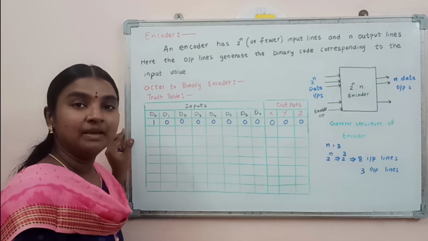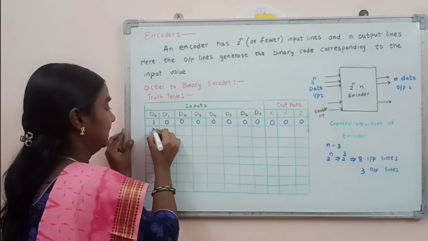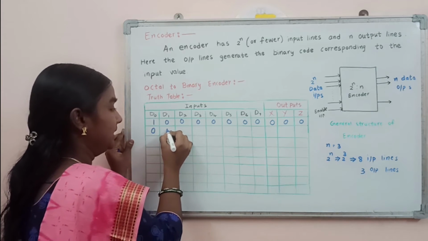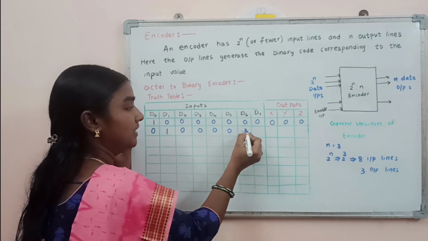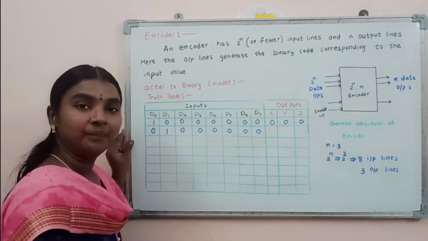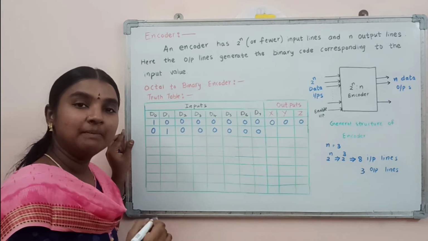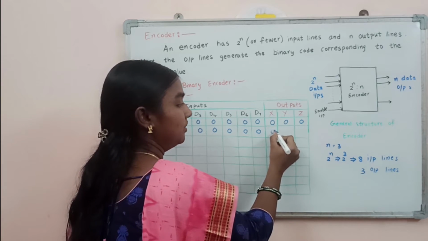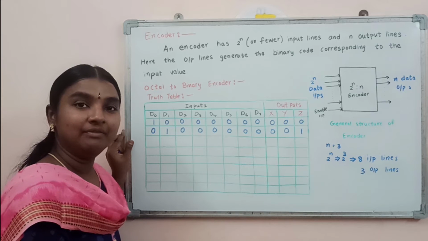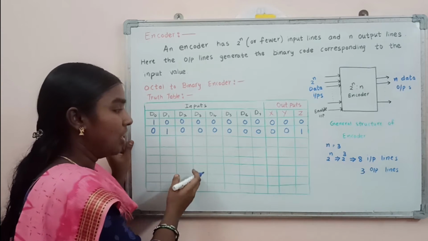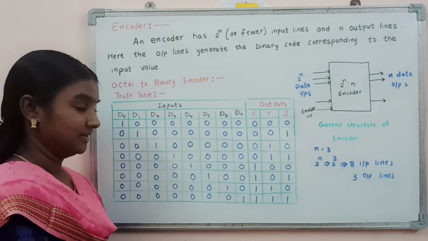Now we will see the next one: D1 input is equal to 1, D0 is 0, and all other inputs are 0. The D1 data input is going to generate the binary code 0, 0, 1. In this manner, we may find all the other combinations.